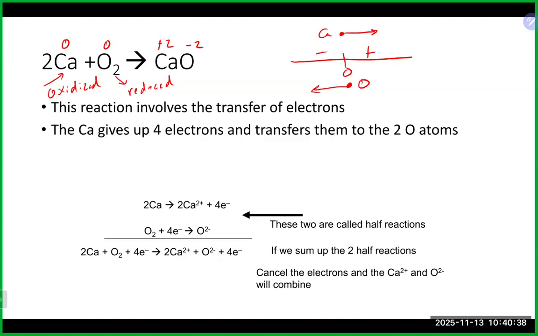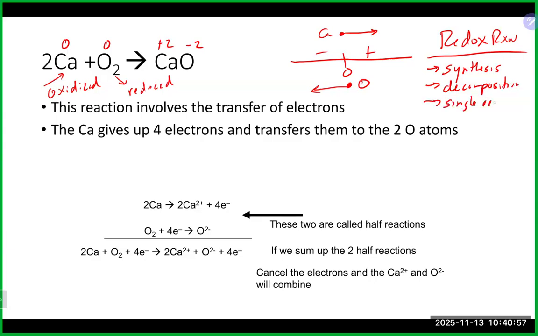And as you probably remember, redox reactions are the big classification of reactions that are more specifically called synthesis reactions, fall under that category, decomposition reactions, single replacement reactions, and combustion reactions.